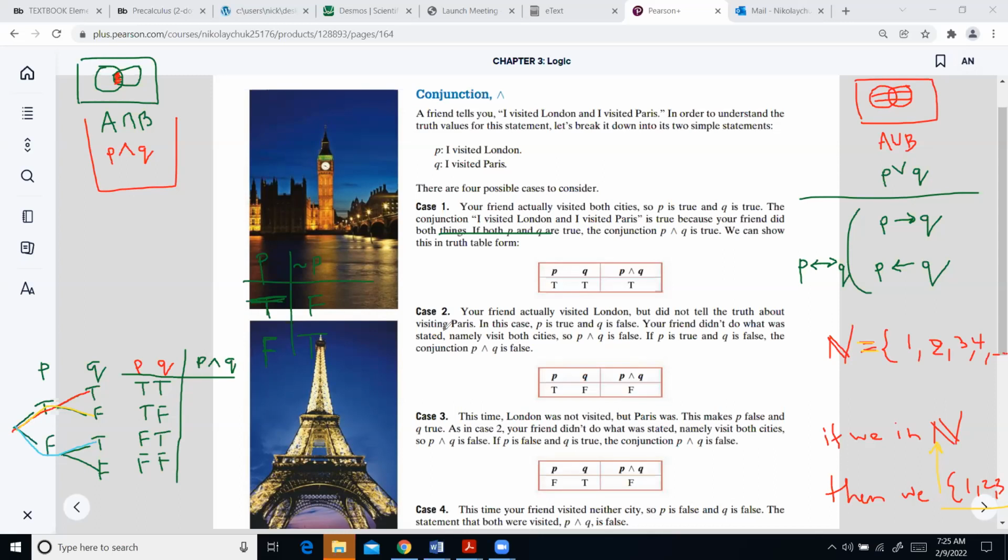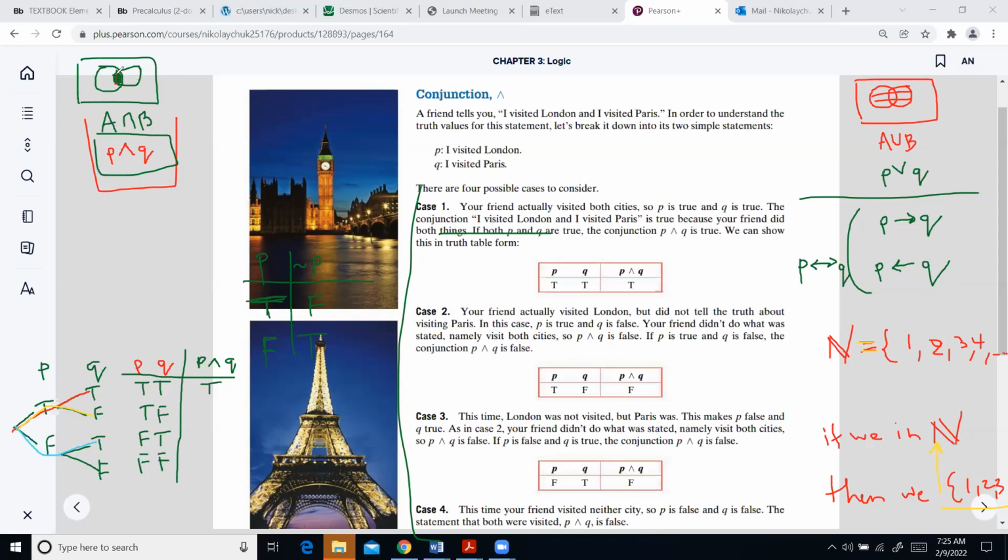What they are trying to do in this case is to justify when it is true and when it is false. It turns out the only case when it is true is here, when both are true. In other words, when you are in both sets at the same time, P and Q. If you look at the Venn diagram, you're probably going to see it better.